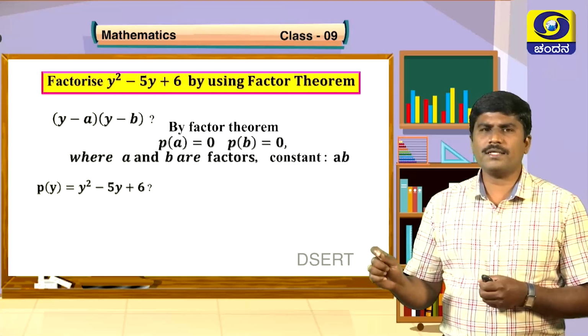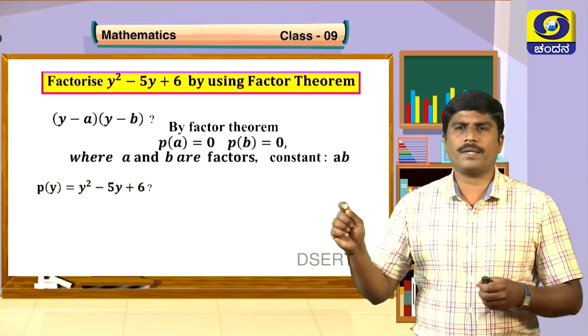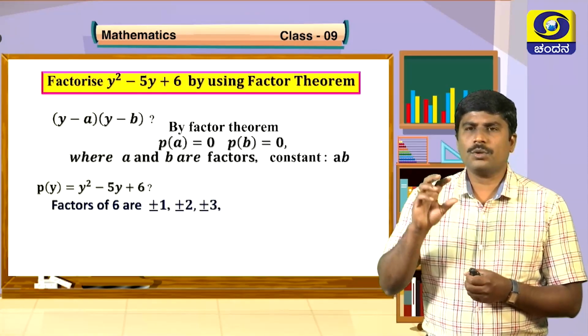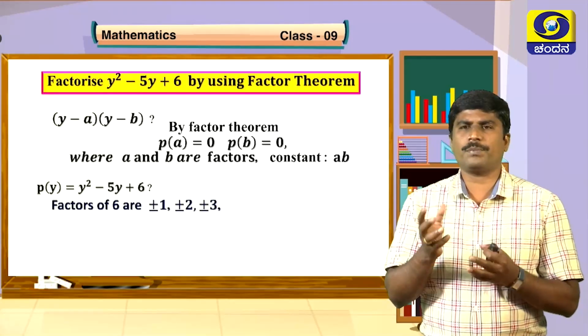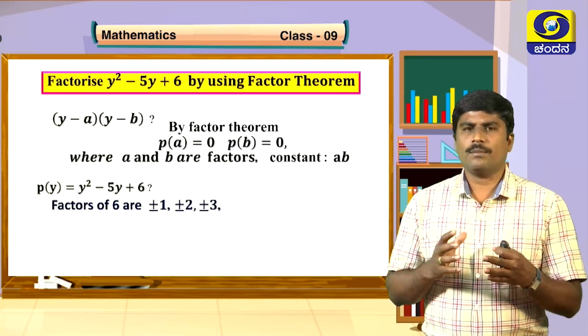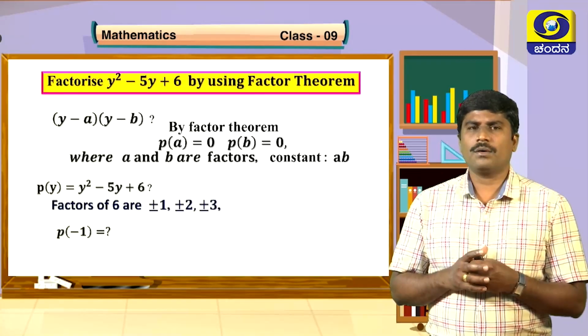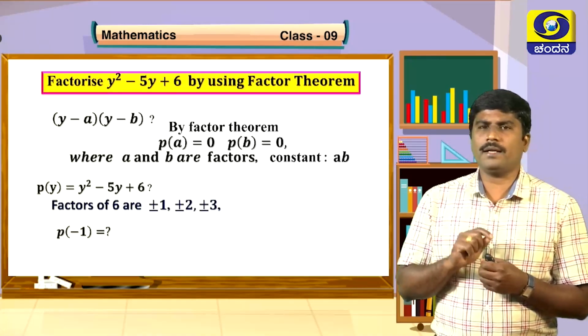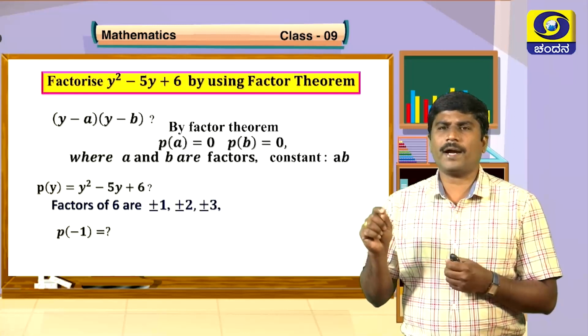If p of y is y square minus 5y plus 6, the factors of 6 can have both positive and negative signs: plus or minus 1, plus or minus 2, plus or minus 3. You have to check each and every possibility to get the factors of 6.